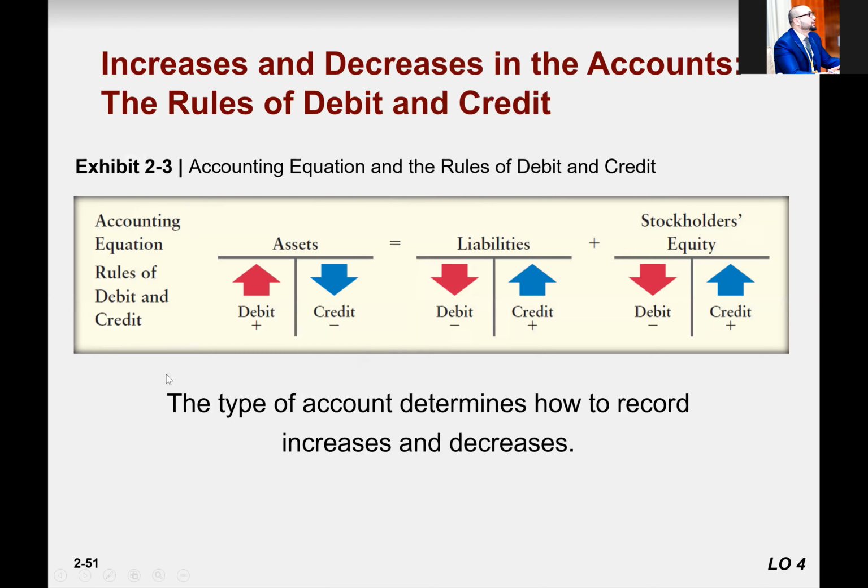So now we need to make rules for this accounting system. Number one, we know that assets is equal to liabilities plus owner's equity. Now in the double entry system, we don't use the words plus and minus to analyze the transaction.